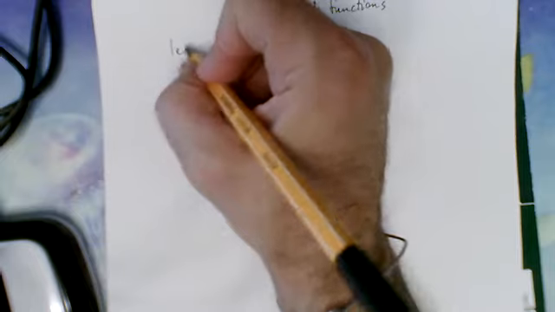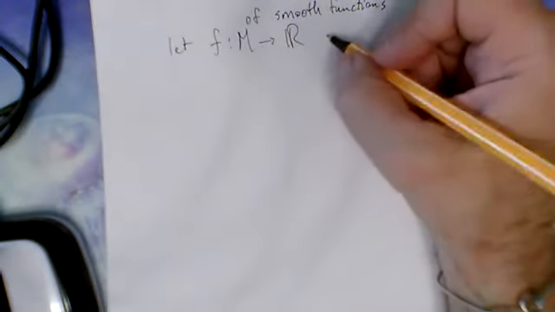How do we define directional derivatives of a function? How do we define differentials of a function? We let f be some nice, smooth, real valued function, which we understand what that means.